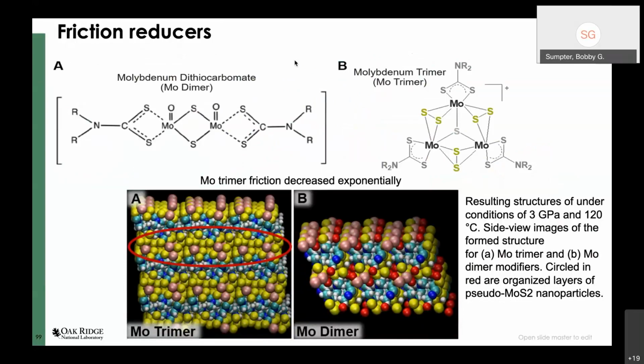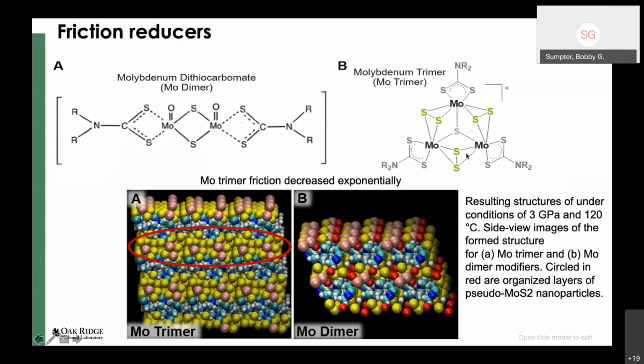And they had a couple of different friction reducers that they had found, and they wanted to understand which one might be the best at reducing friction under the conditions they were interested in. So we were able to do some simulations to understand what happens to these different additives under the friction conditions, which are around 3 gigapascal and around 120 degrees C in the process that they're looking at.